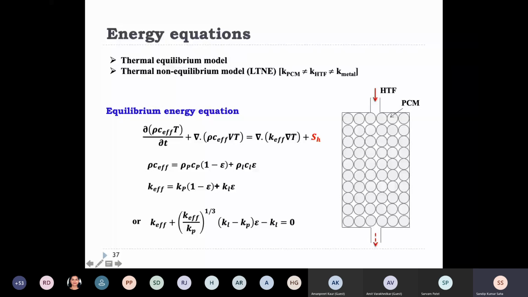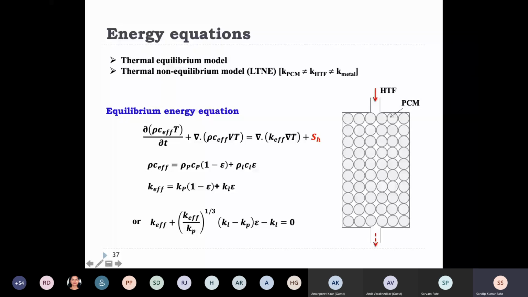Then you use some equilibrium model, and you write the effective rho Cp value using some volume averaging technique, whatever I have written. You can also get K effective using a volume averaging technique. If you see, these are all linear functions, whatever I showed. But the expression with K effective by Kp to the power 1/3 is a non-linear term.